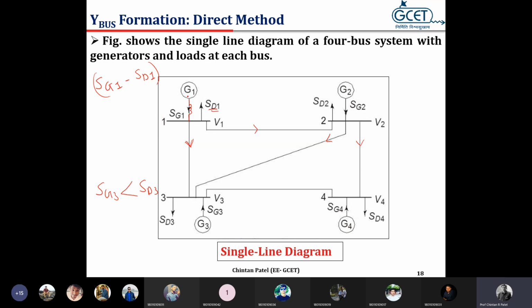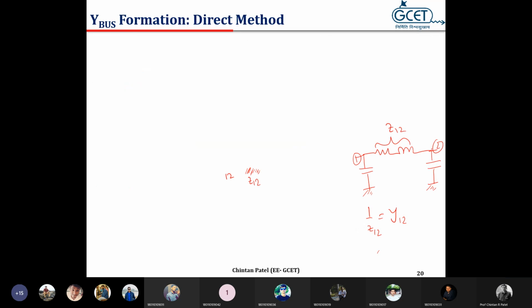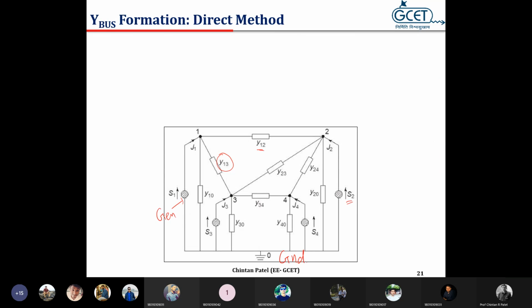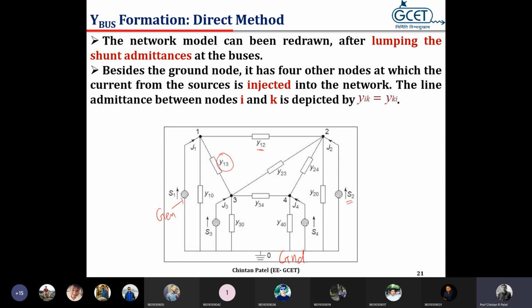So we can convert this reactance into admittance, and it is shown by Y10. So what is Y10? Y10 is the admittance between bus number 1 and bus number 0.